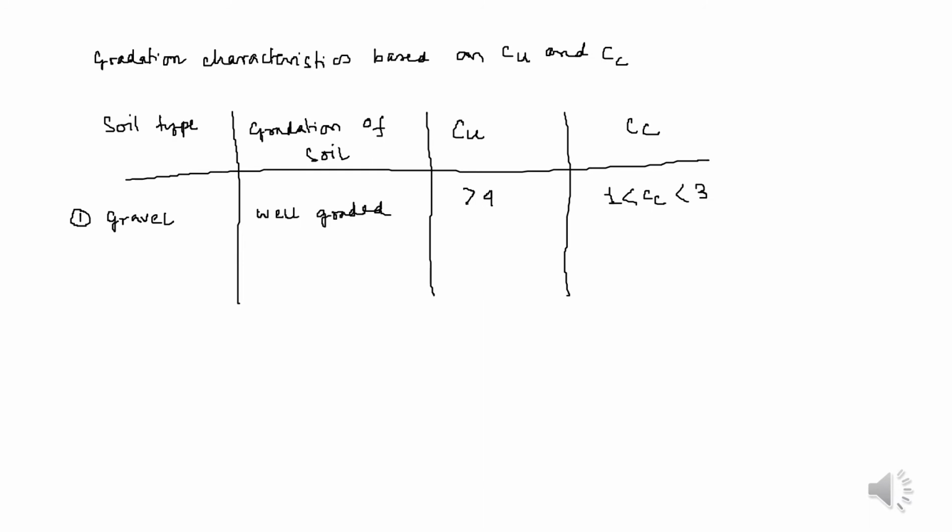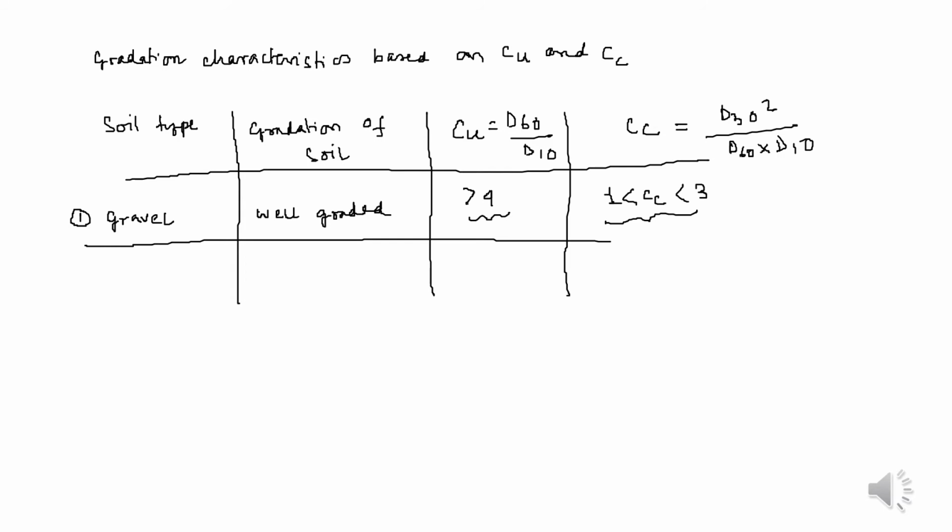So suppose from the particle size distribution curve, knowing the values of D60 and D10, we can find out Cu, and Cc is D30 squared divided by D60 times D10. We get Cu greater than 4 and Cc between 1 to 3. We can say the soil is a well graded gravel sample, right?